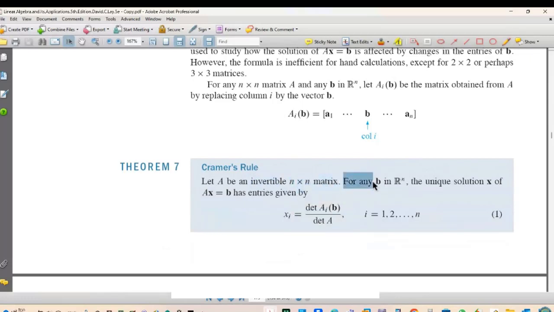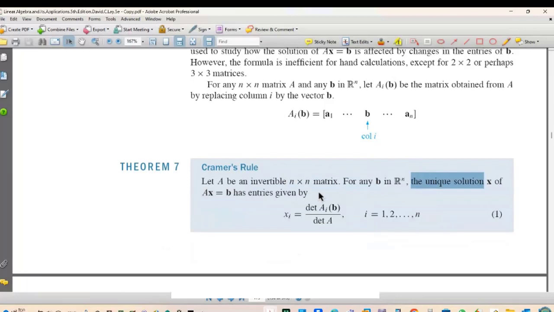For any B, we are talking just about the unique solution X of AX equals B. A must be invertible and square, n by n. The answer will not be many solutions or no solutions, it should be a unique solution. That means there are no free variables.